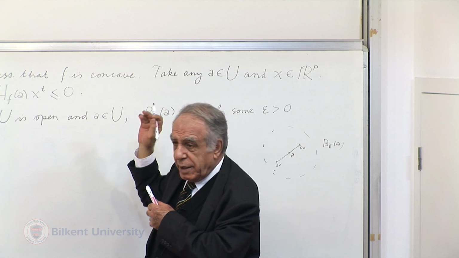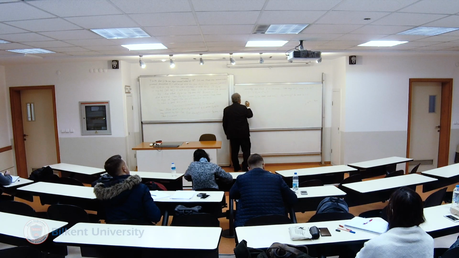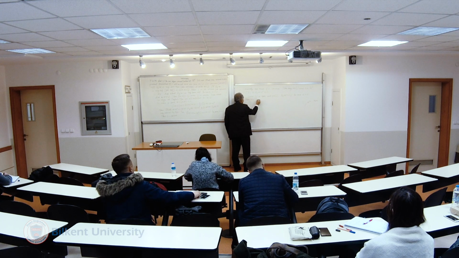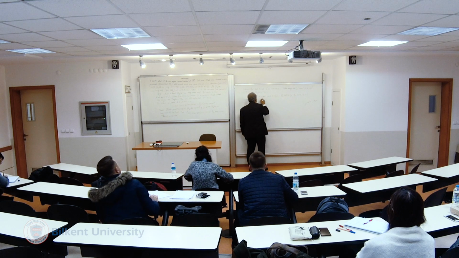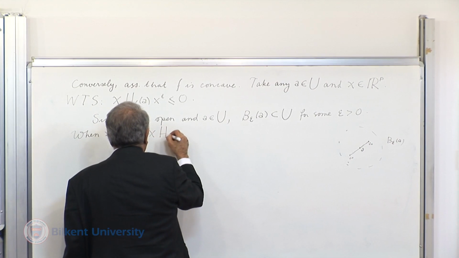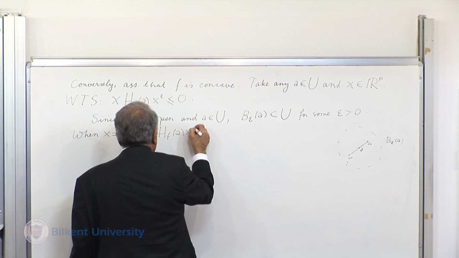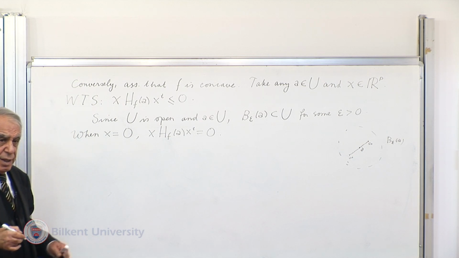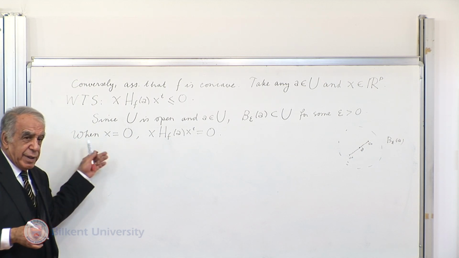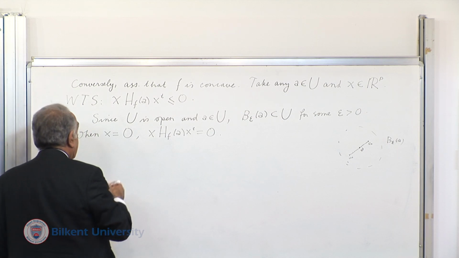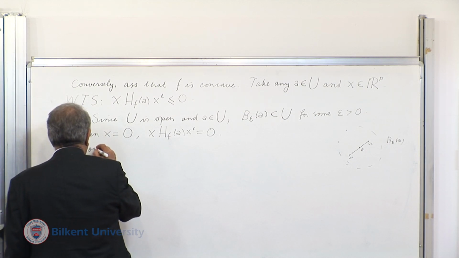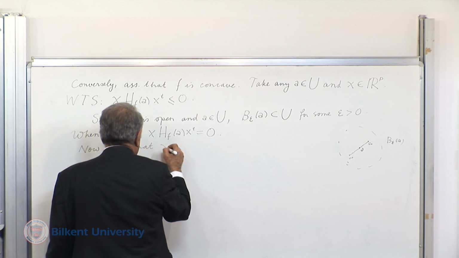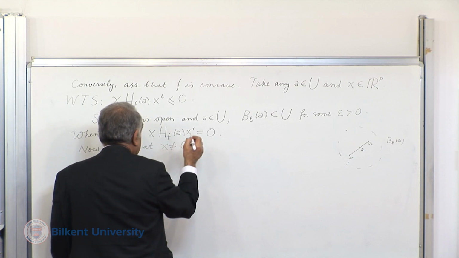Now, first, when X is equal to 0, which is possible, X times HF of A times X transpose will be 0, no matter what HF of A is. So we can assume that X is different than 0. We have the proof for X equal to 0. Now, assume that X is different than 0.